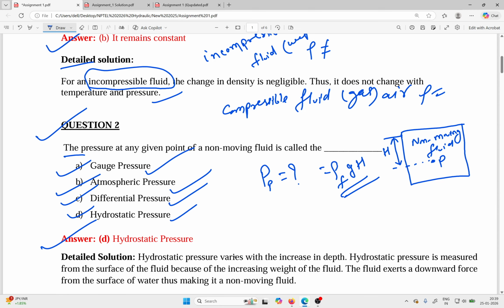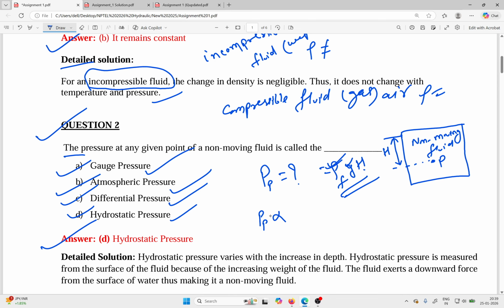The hydrostatic pressure varies with the increase in depth. Here you can see that the pressure at point P is directly proportional to H, because for an incompressible fluid, rho will be constant, g will be constant, and H is varying from top to bottom.